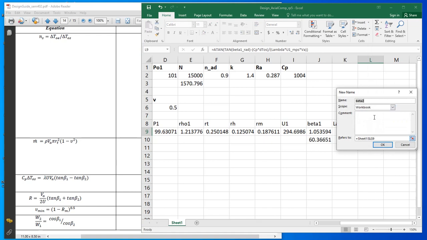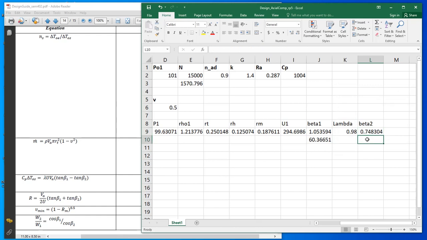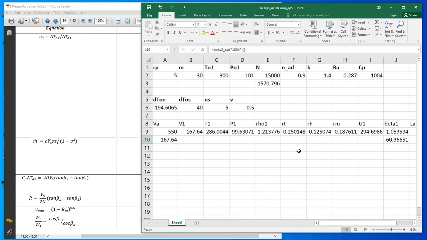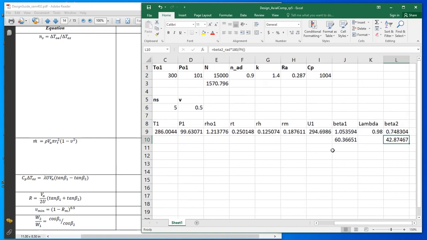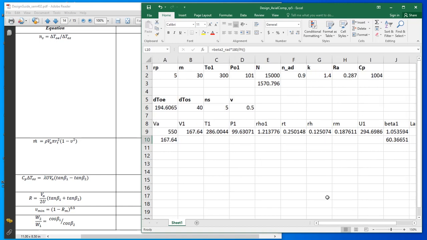Let's define it, beta 2 underscore radians, and then we can convert it into degrees, into 180 divided by pi. So 42.8746 degrees. So those are our design values: R hub, R tip, R mean, U1, beta 1 and beta 2.